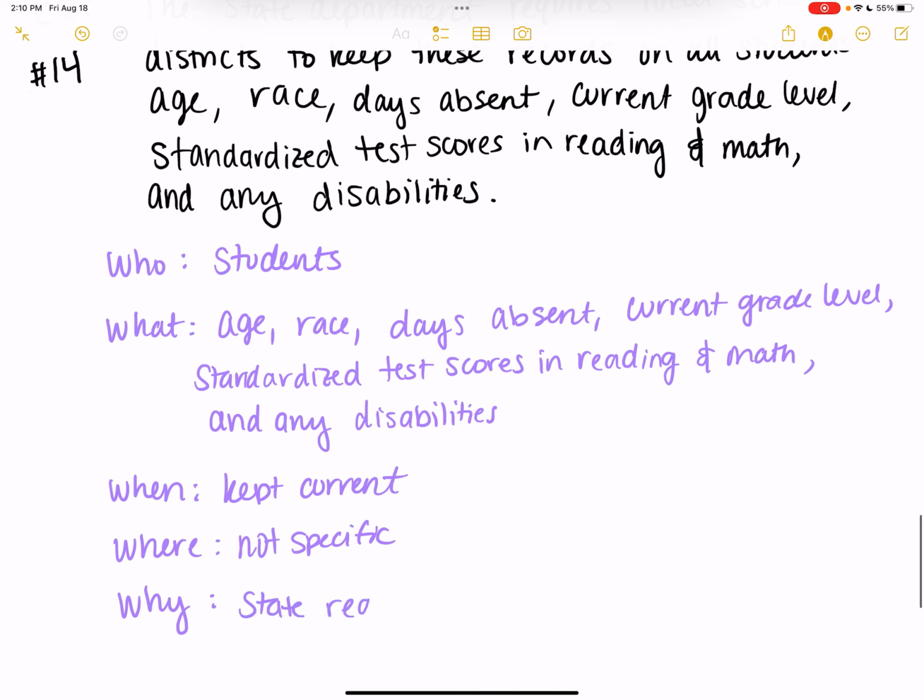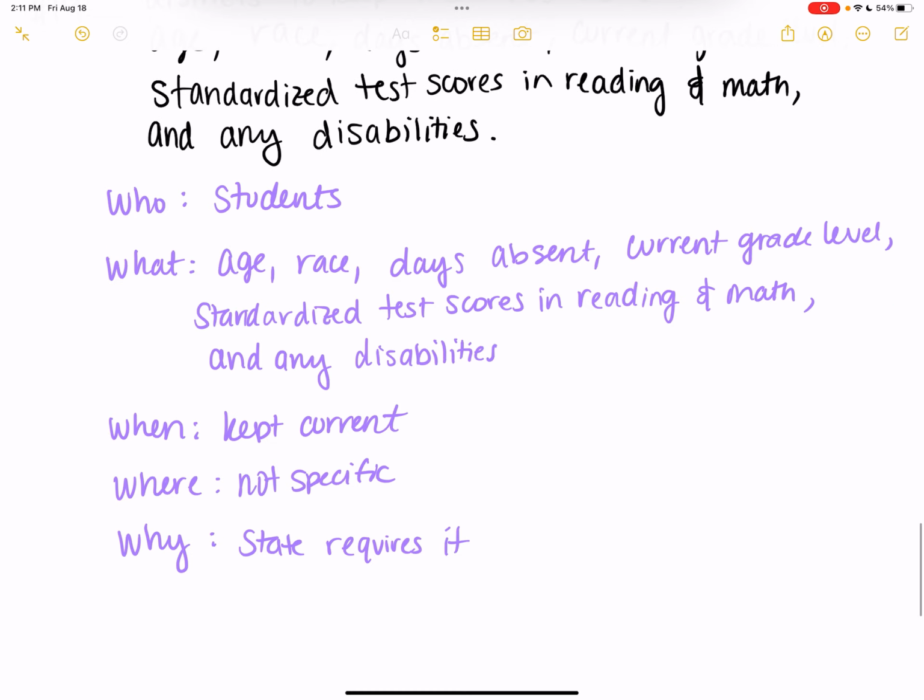That would be my only question: are we talking about why the school does it, or why the state requires it? I think it's almost exactly what he just said. You can't think too hard about it. It's straightforward. Some things have to be inferred, but some of it's also straightforward.